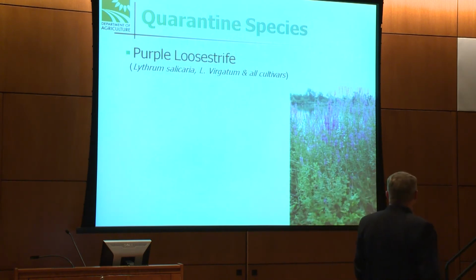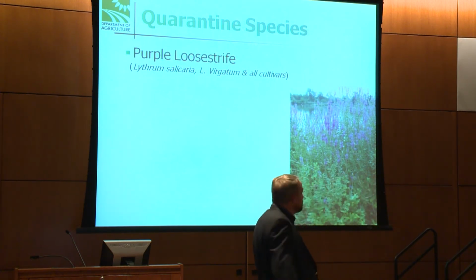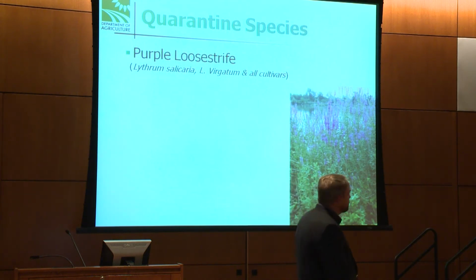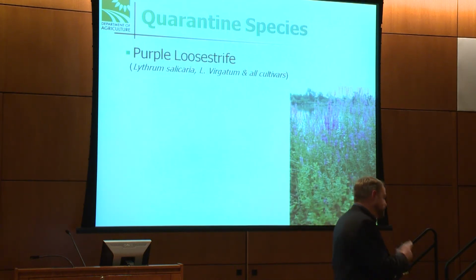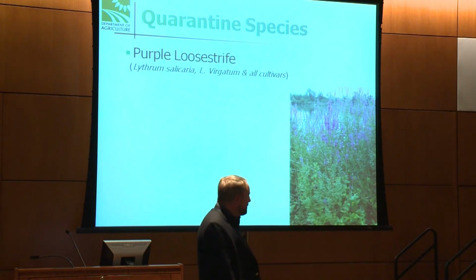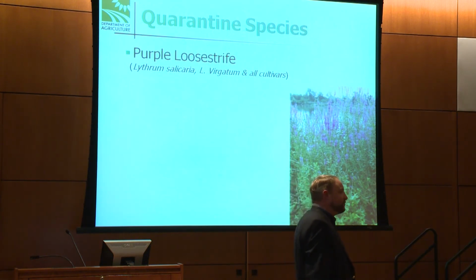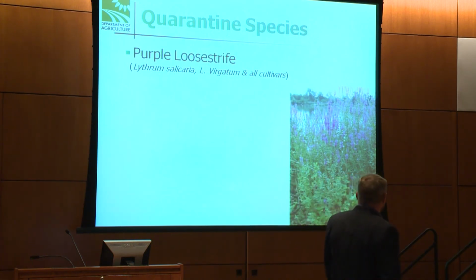It's hard to bust your way through some of the stands of these things to get to the water. We are going to be introducing some biological control agents for purple loosestrife this year, or plan to if the money comes through. A lot of states have had great success with those, and they will really slow down the reproduction rate and spread. So we're hoping to have the same kind of success.